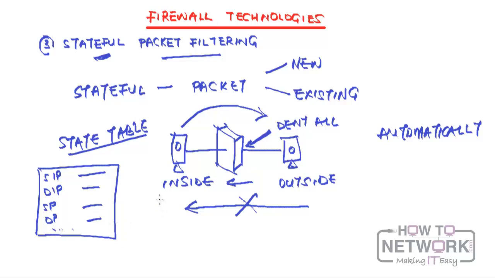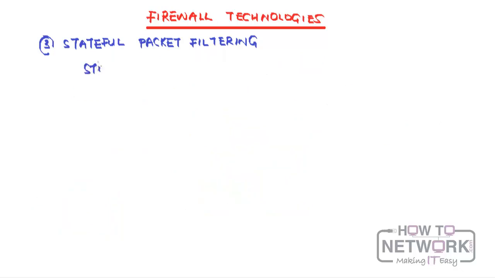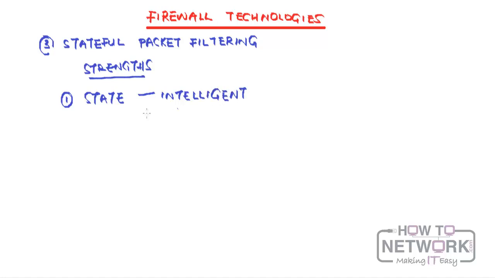Now let's talk about the strengths and weaknesses of this firewall technology. So strengths, and the first strength is that the state table provides intelligence. So because of the state table, it is intelligent because it can determine if a packet is part of a new connection or part of an existing connection.